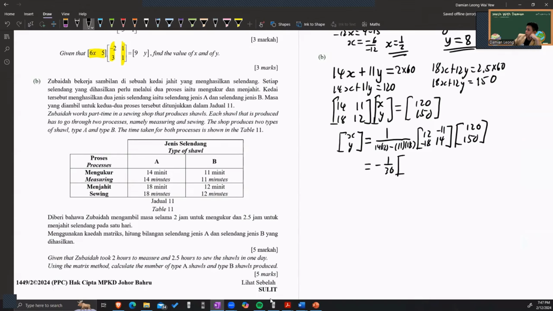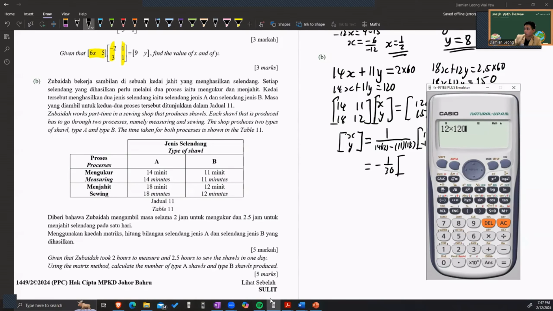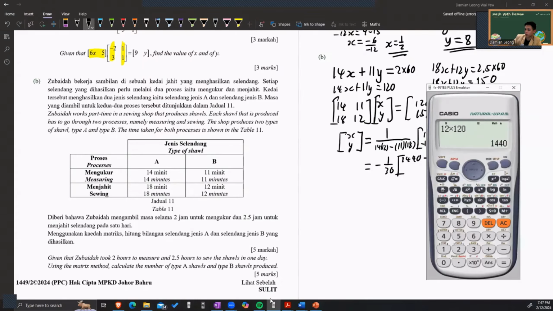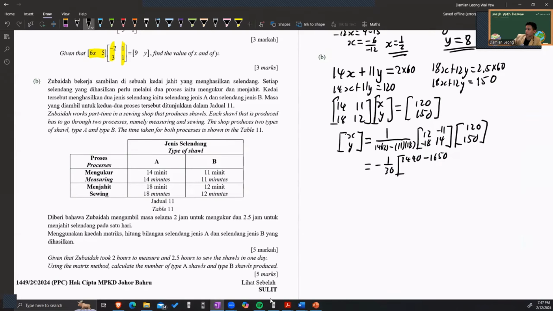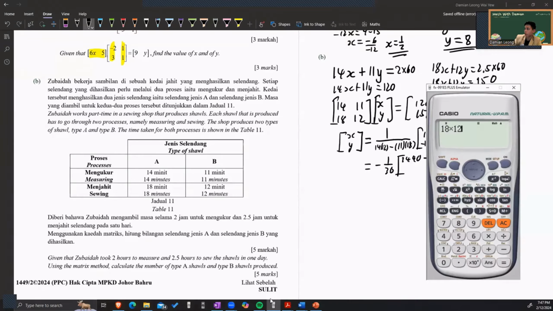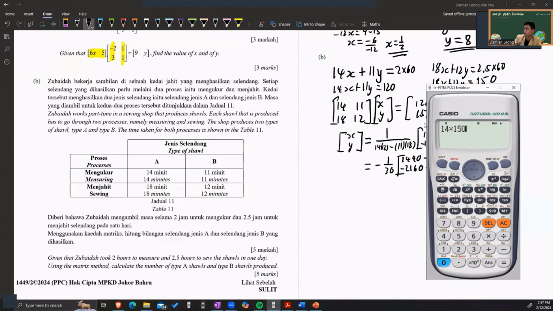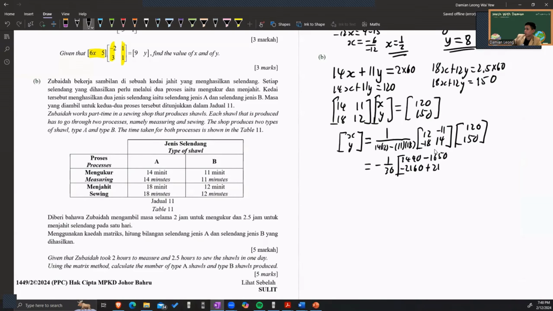So 12 times 120, 1440, minus 11 times 150, 1650. Then negative 18 times 120, so negative 2160 plus 14 times 150, 2100.